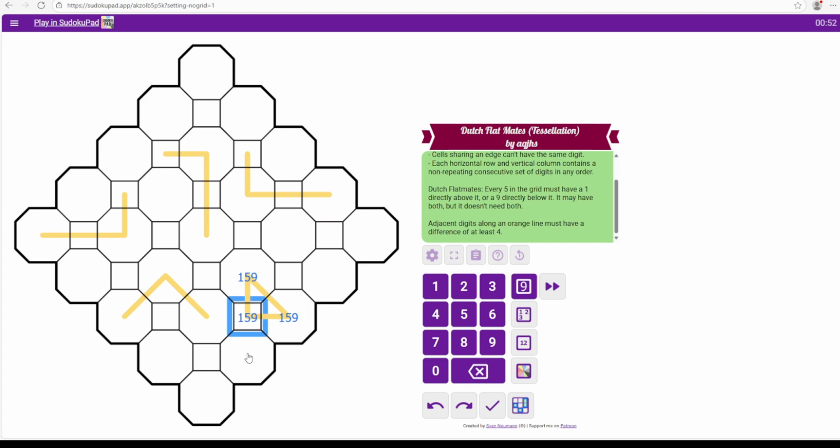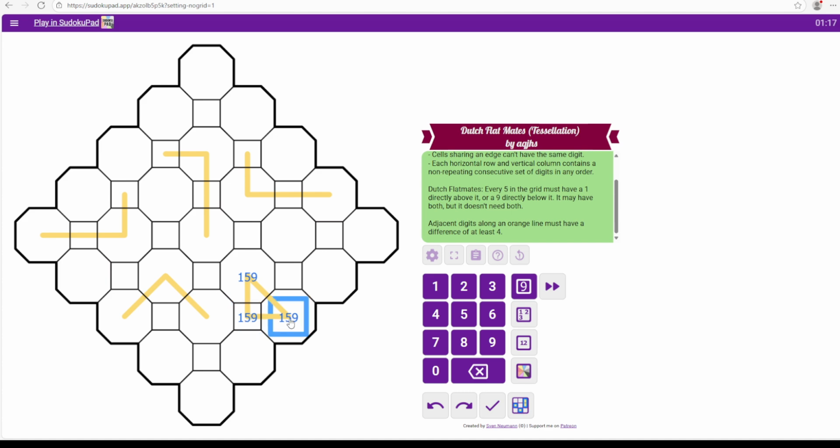With the knowledge that this couldn't be a 9, if there was a 9 on there, it breaks, right? What this does mean is 5 cannot have a 9 directly above it. That's a 5, that's a 1. Also means it can't have a 1 directly below it.